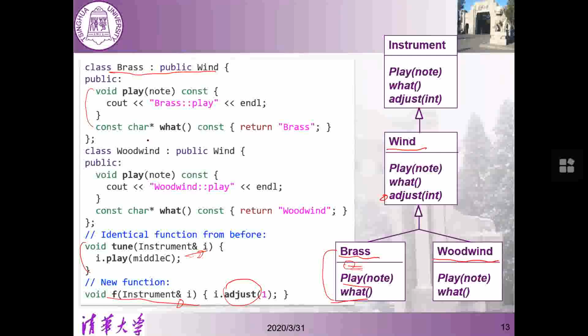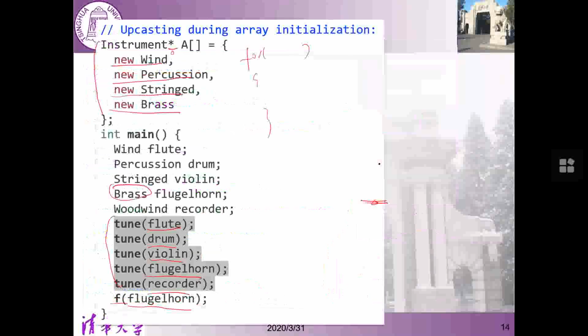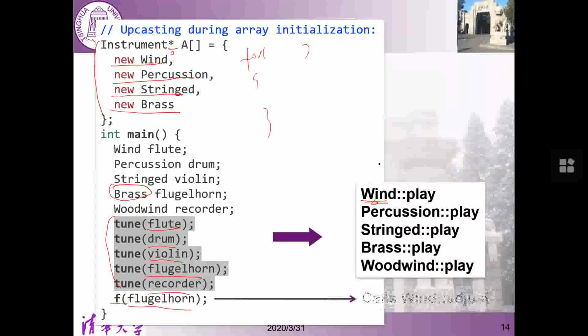So polymorphism will work in this mechanism. It will follow this inheritance diagram up until it finds a definition of adjust. In this case, it will find adjust in this wind class. So it will output wind adjust. So although it is a brass object, it will output wind adjust. Okay, so this is how polymorphism works.